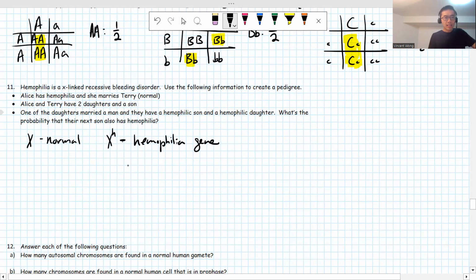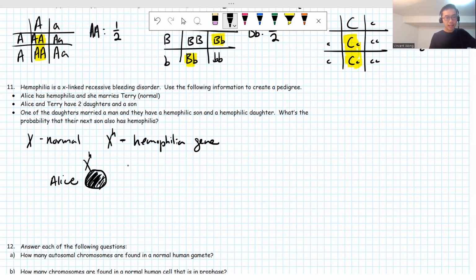So Alice has hemophilia. So this is Alice. Because she has hemophilia, she must be shaded. XH, XH. And she marries Terry.